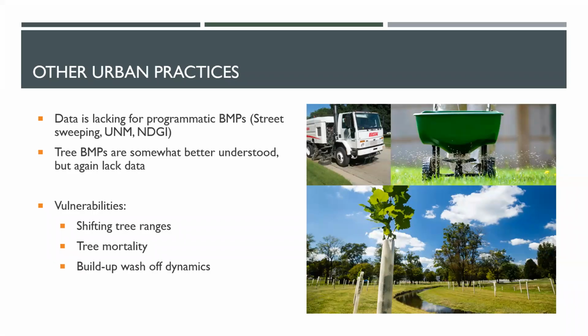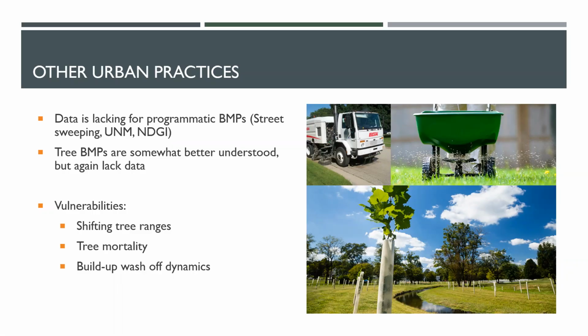With street sweeping, does changing build-up and wash-off dynamics with increasing precipitation intensity have an influence? Same thing with our high-risk lawns for urban nutrient management. Are some of those exacerbated if we have poor vegetation or ground cover in some of those high-risk erosion areas? But those aren't backed up by research studies and things like that.